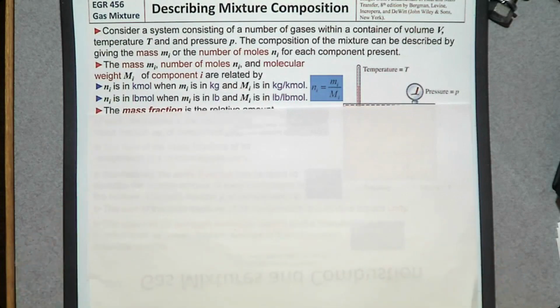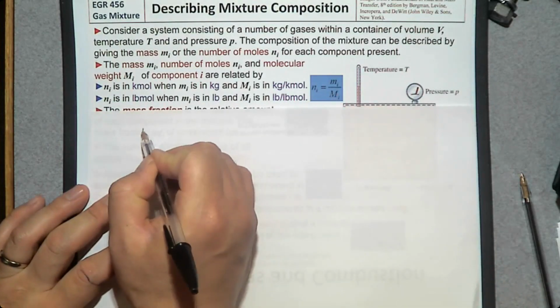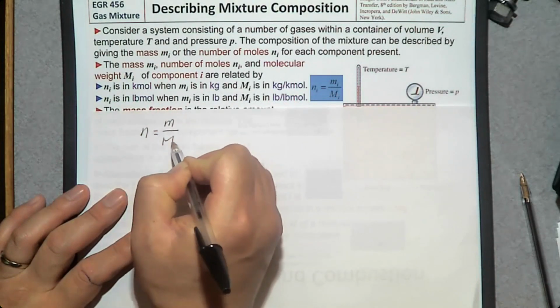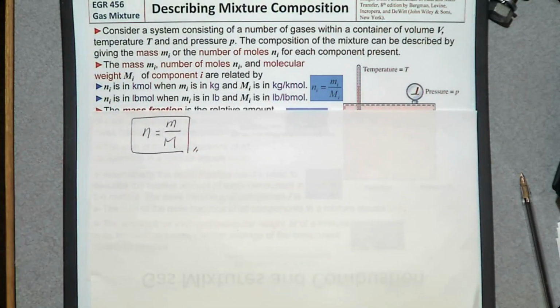So if you want to determine how many moles are in the system, we can use this equation. N is m over M, like a M&M, right?